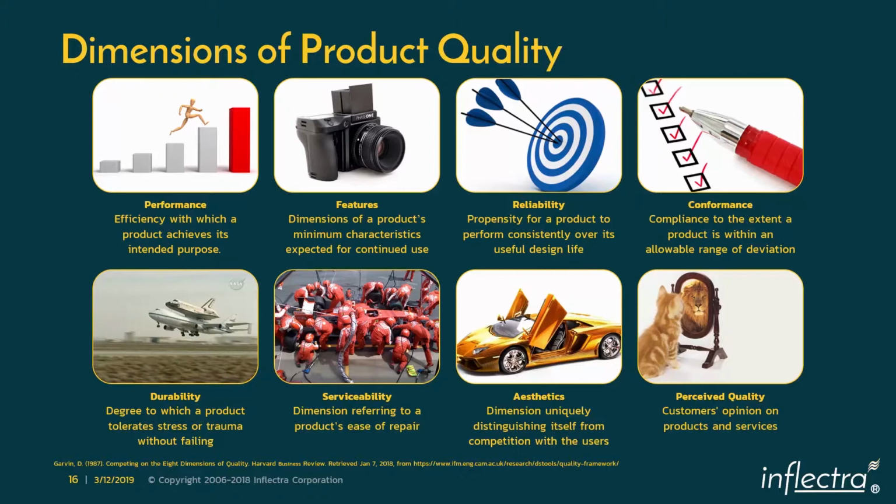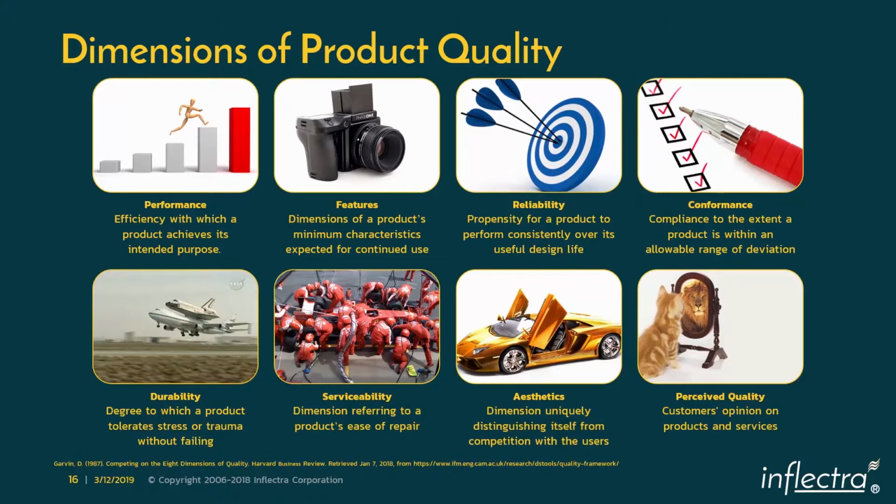Perceived quality. The perceived quality is the voice of the customer. Constant innovation, delivering more than what is asked, unique differentiators. Basically, I feel like the product is pivotal for my personal or professional life. That perception is what we are referring to as perceived quality.